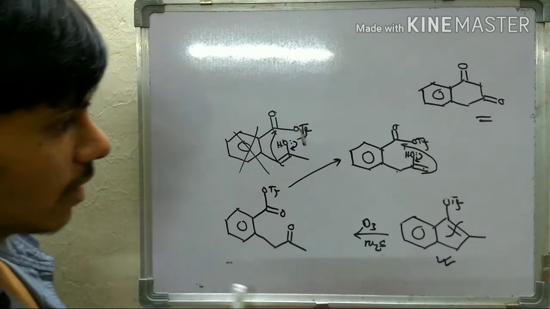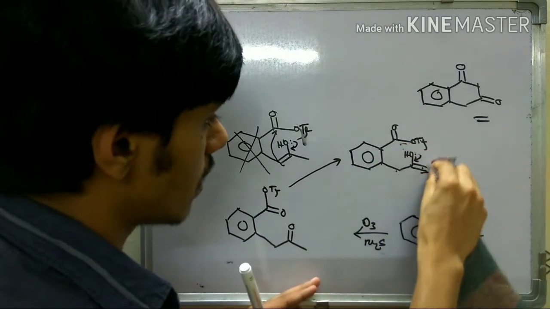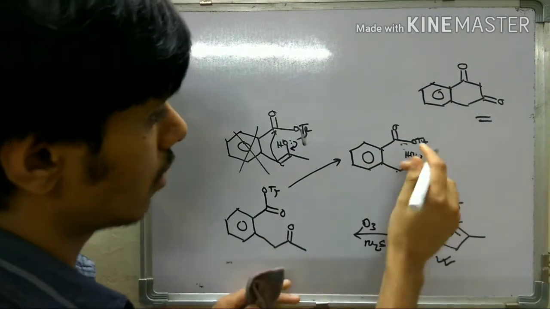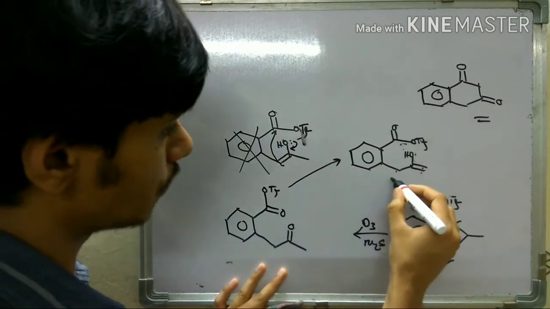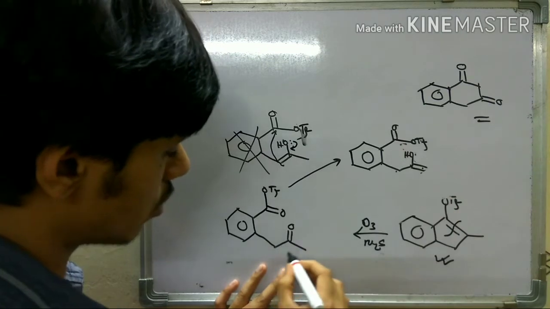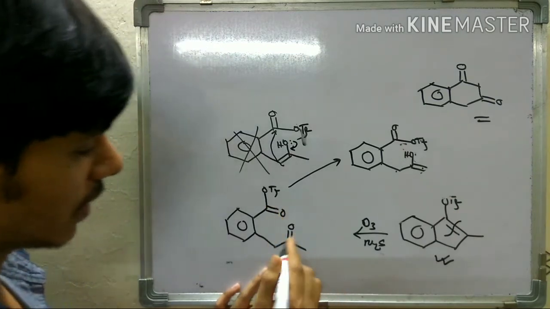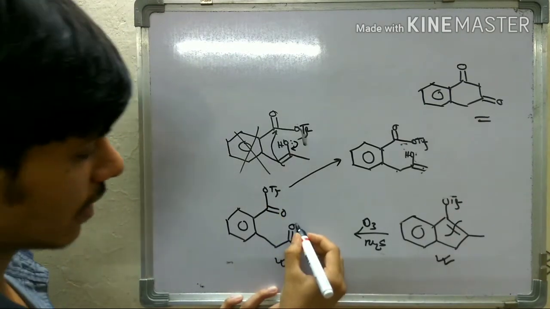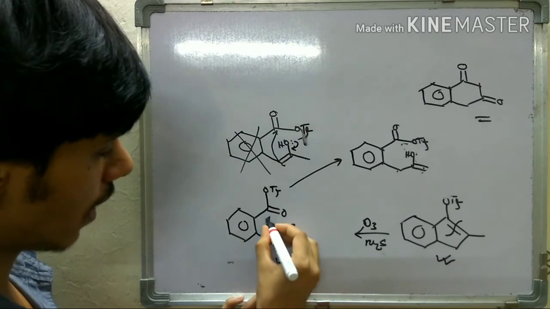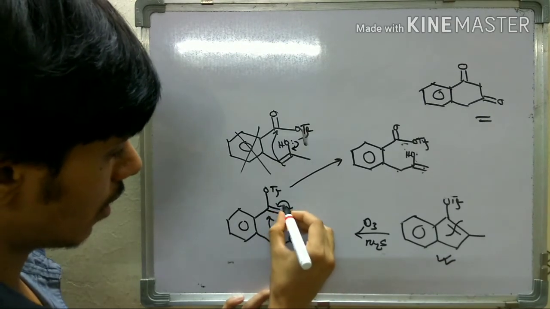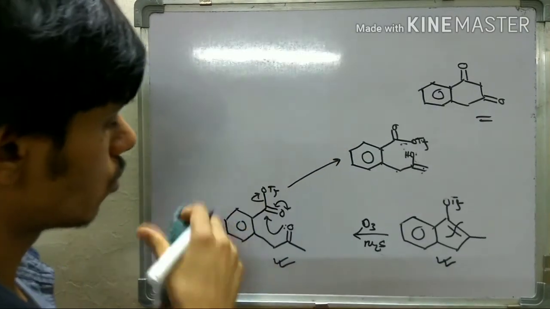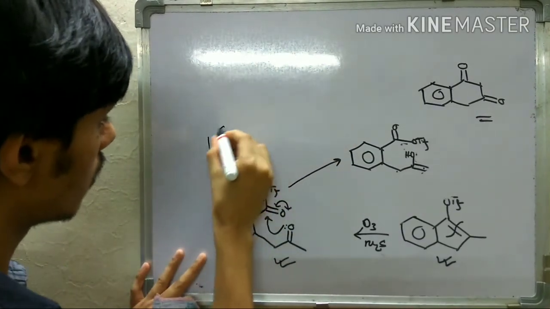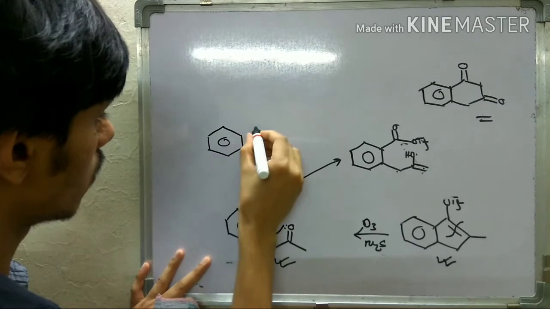But what is the other possibility? The reaction can also take place from this keto form. That is, this oxygen lone pair can attack here and displace this OTF group. So you will get this product.